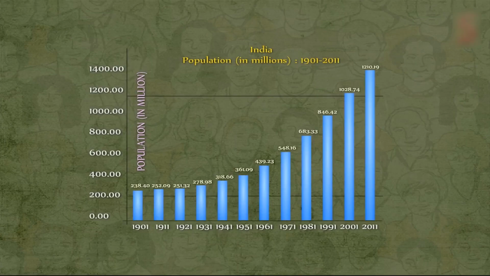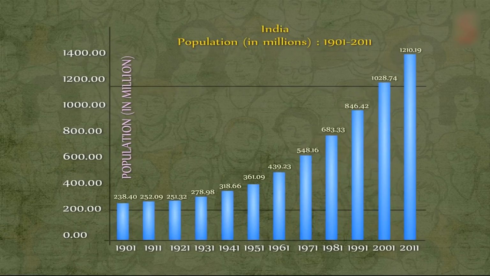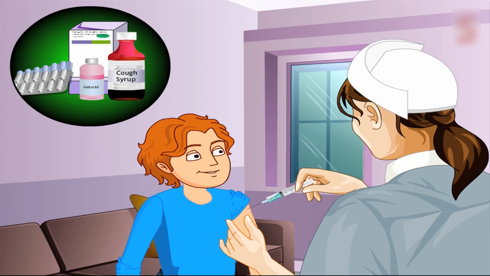Now that we have seen the various calculations of birth rates, let us find out the causes for the growth of the population in that country. This graph points out the population of India between 1901 and 2011. We can see that there is a sharp decline in the death rates. Later, the developments in medicines like vaccines and antibiotics led to improvements in healthcare.